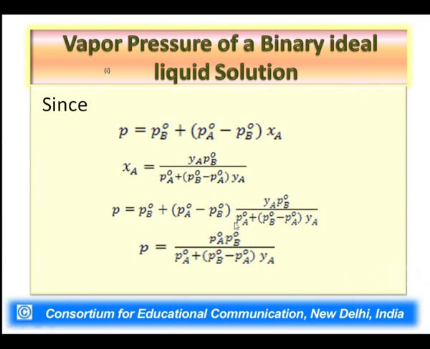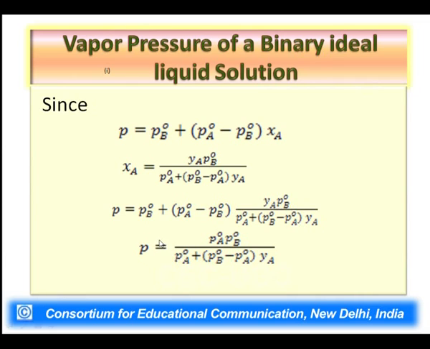All we need to do is take this denominator expression, PA naught plus PB naught minus PA naught into YA, to the left hand side and multiply it with P, that is total vapor pressure, and rearrange the whole equation and collect all the terms corresponding to this YA and obtain this total vapor pressure again.